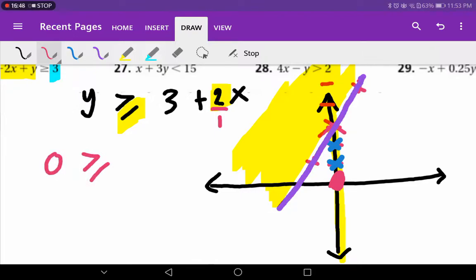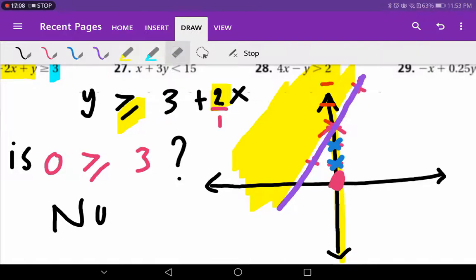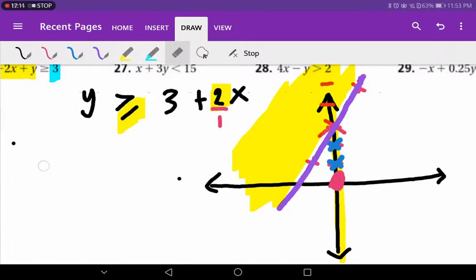Is 0 greater than or equal to 3? Because here 2 multiplied by 0 is 0. No. So the 0, 0 is not the solution, so the opposite area here is the solution.